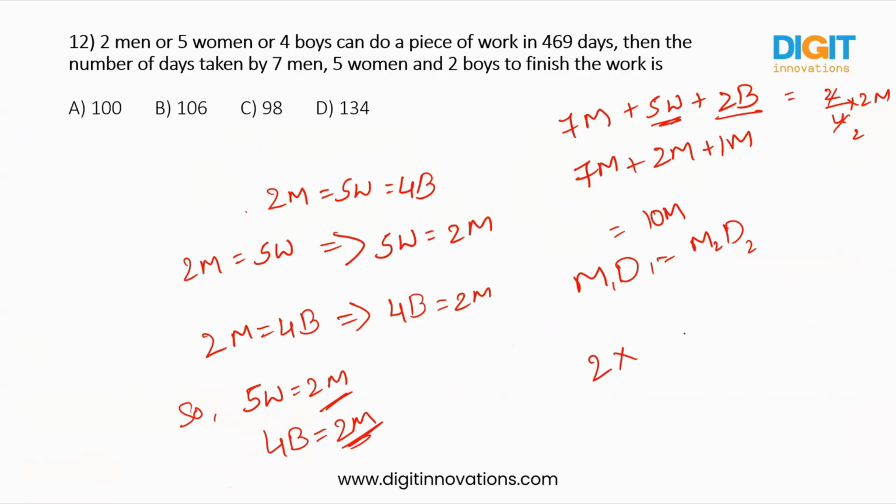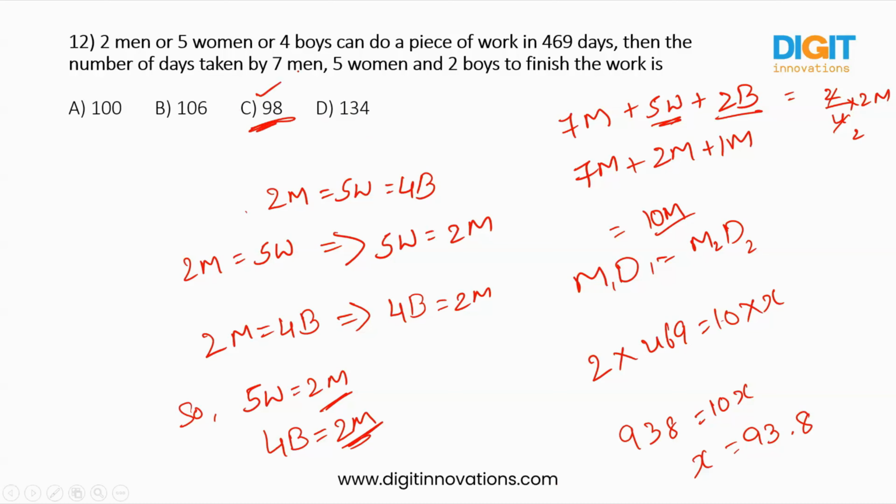Days, how many days? 469 days. Men, how many are there here? 10. And days we don't know. Now we need to find out. It is 938 equal to 10x. So x equal to 93.8. So in the options we don't have 93.8. So the closest option is 98. So the option is C.